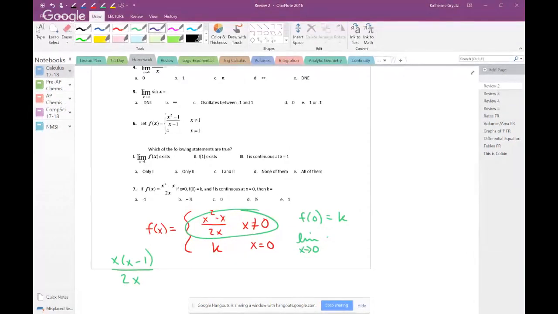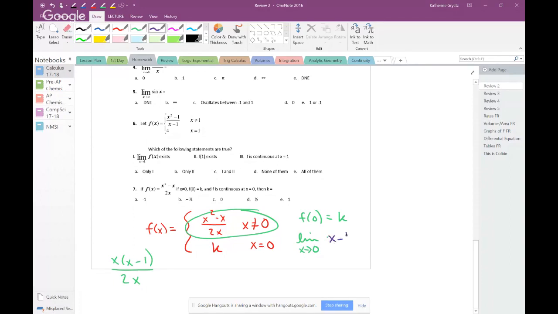If you simplify that top thing, I factored it out over on the bottom left, and you get x minus 1 over 2.